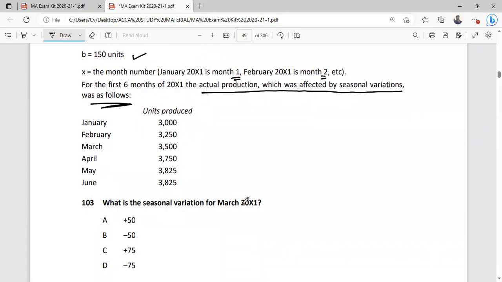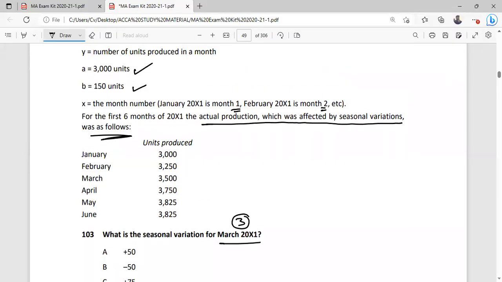What is the seasonal variation for March 20x1? If January is number 1, February 20x1 is 2, so it means March is 3. So we will follow the formula. Y is equal to A is 3000, plus B is 150 into 3.